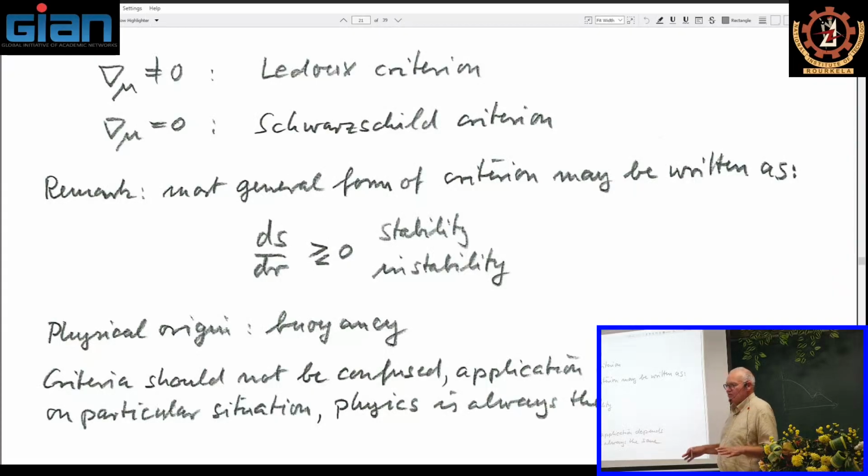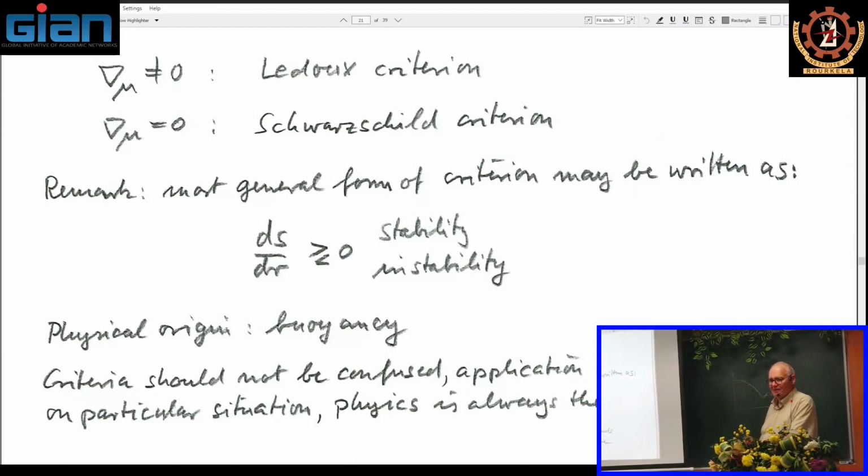The physical origin of this instability, keep in mind, is buoyancy. There's no other effect involved. And as a cautionary remark, the criteria should not be confused. Application depends on the particular situation you consider. The physics is always the same.